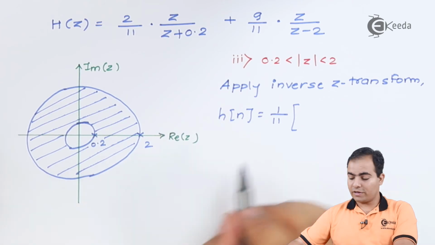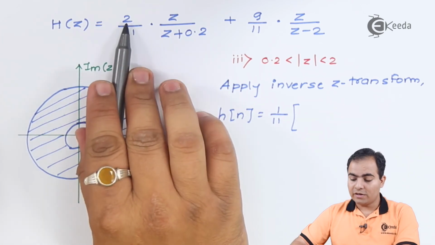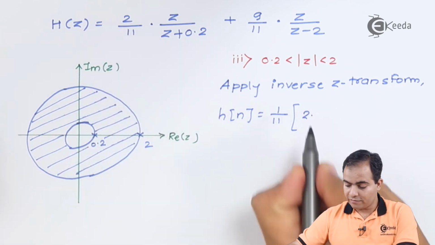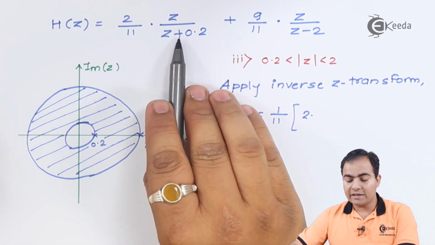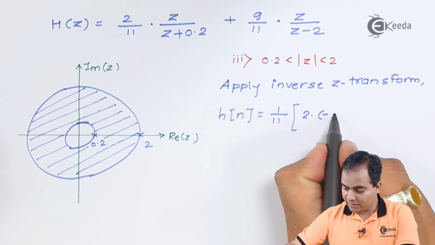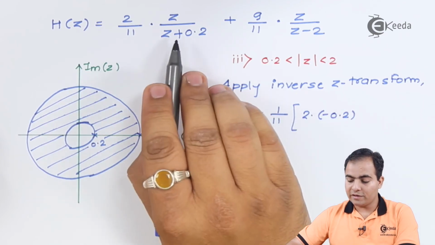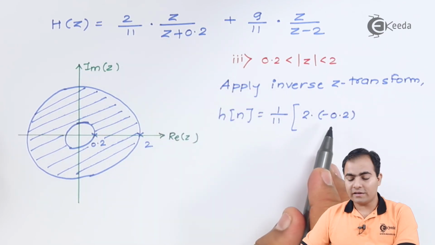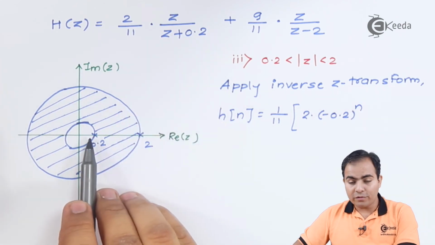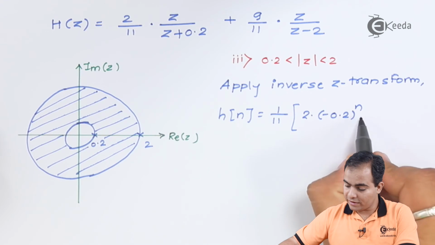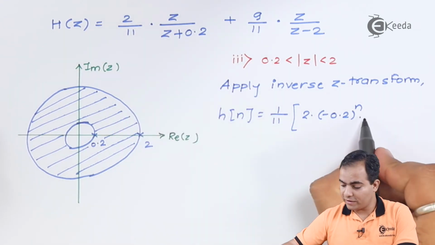Now again here also I have taken 1/11 common. Now the 2 is a constant, so I'll write it first. Here this is the position of a, but here the sign is plus, that's why we'll write (-0.2)^n. If the sign is minus, then I can directly write 0.2 only. Now this 0.2 is producing a causal ROC, so here Z upon Z minus 1 is replaced by u(n).